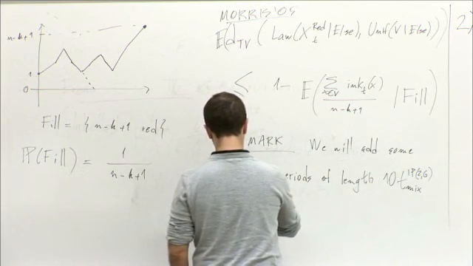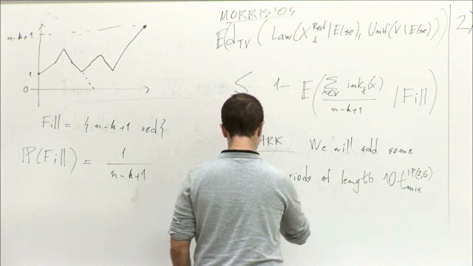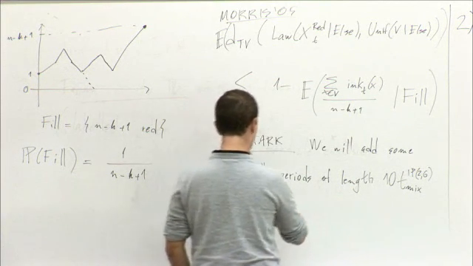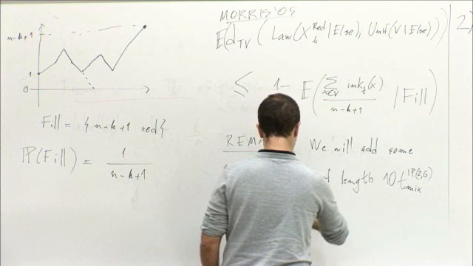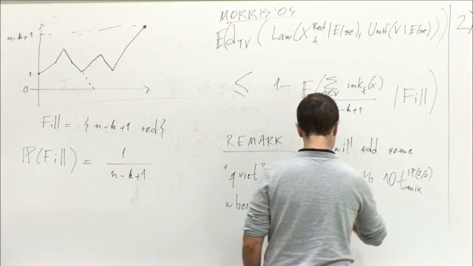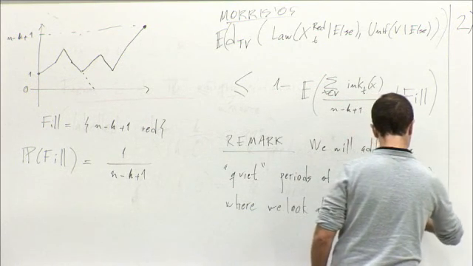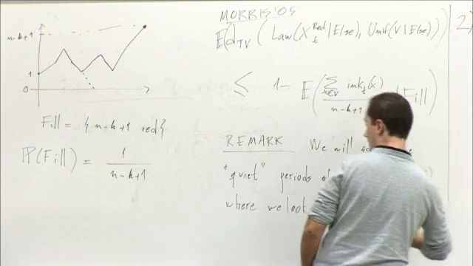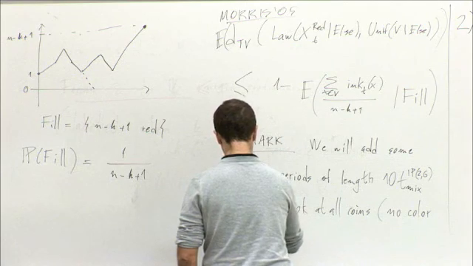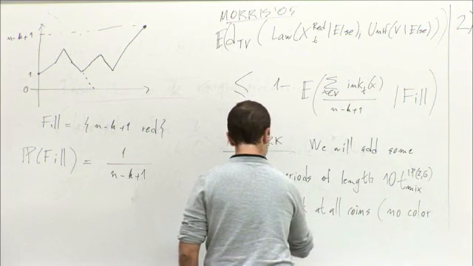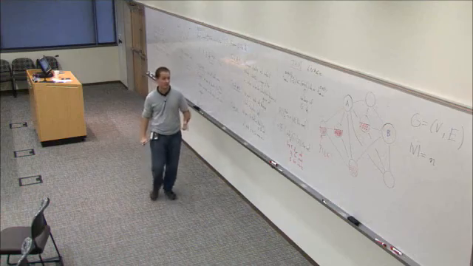And the thing about these periods is that in these periods we look at all coins, meaning no color changes. Well, the colors might move around. What I mean by this is that you apply the same rule that you have in the usual process.